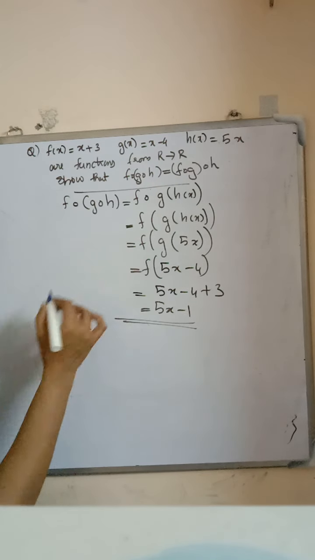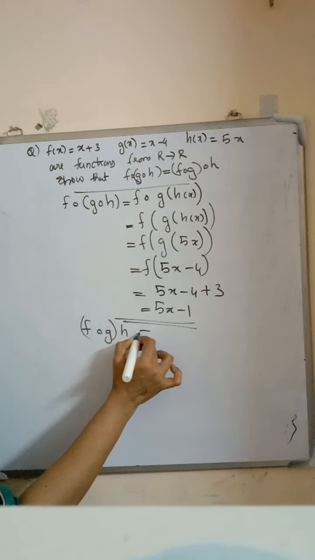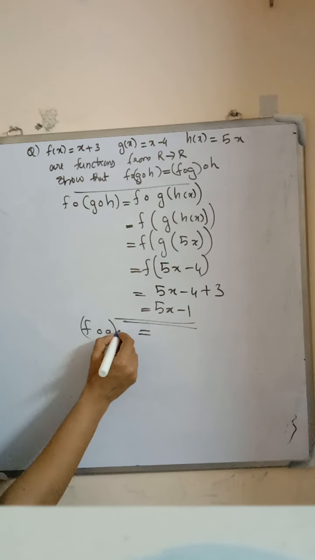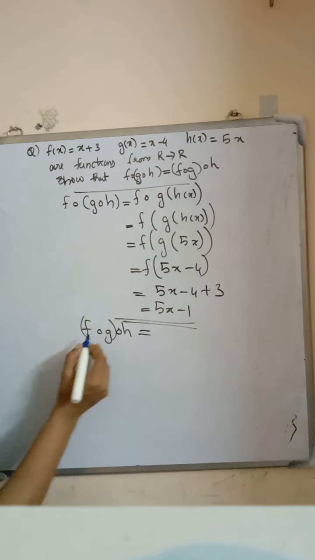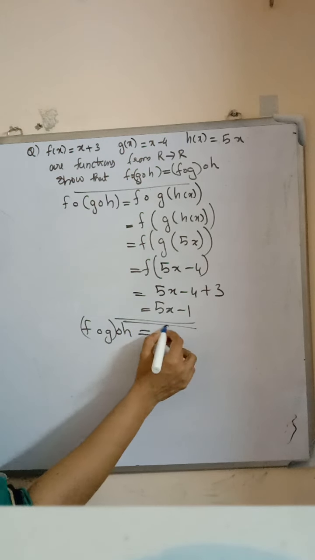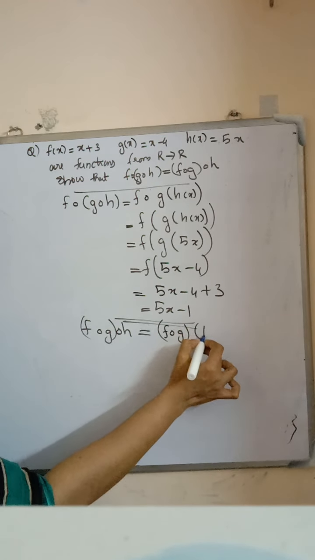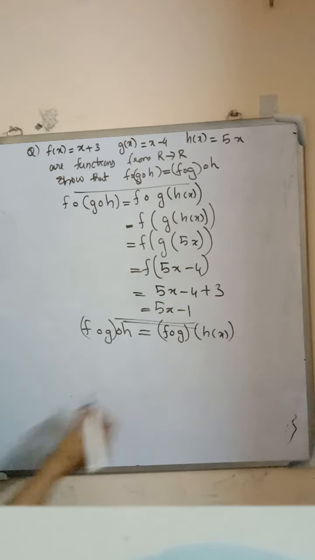Then what happens on the right side? (f composition g) composition h of x is (f composition g) of h of x.